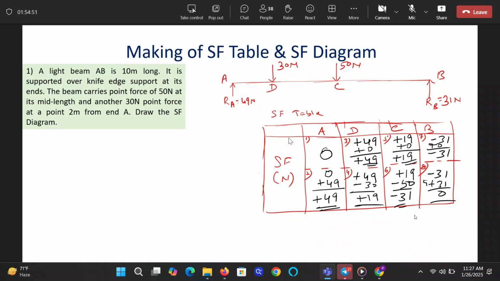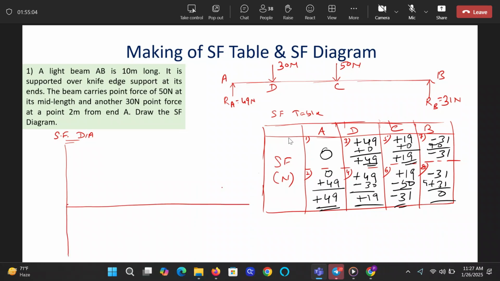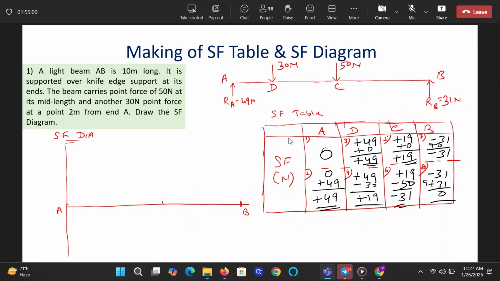Now in our SF diagram, the last step you had written was the SF diagram. In the SF diagram, we'll have the same thing as earlier. We'll have point A, 10 meters from here we'll have B, midway we'll have C, and at 2 meters we'll have D. Our values in the table are ranging from plus 49 to minus 31.